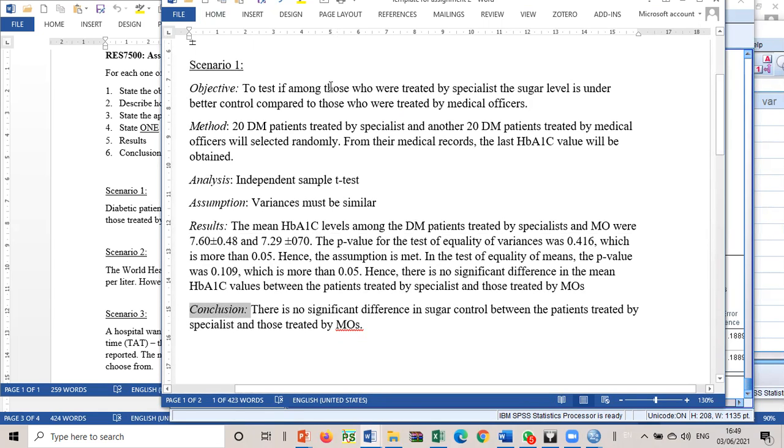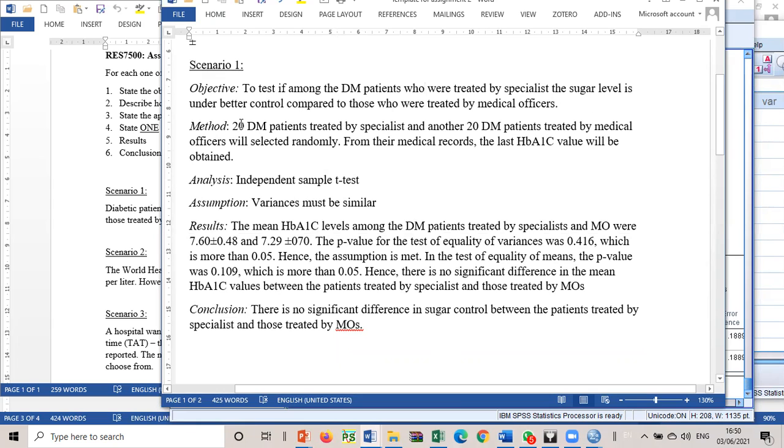To test if, maybe you can put here among the diabetic patients who are treated by specialists, the sugar level is better controlled compared to those treated by medical officers.